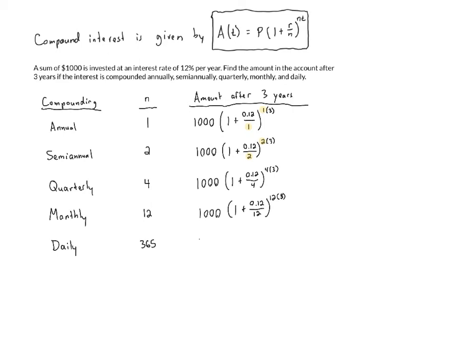And then for daily, 1,000 times 1 plus 0.12 divided by 365 to the 365 times 3rd power. And we can use a scientific calculator to evaluate each of these.